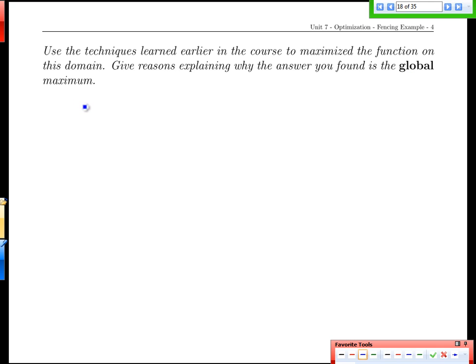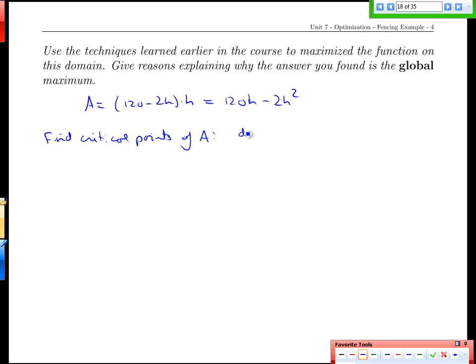All right. So our area is given by (120 minus 2H) times H, which I'm going to expand because we're going to differentiate in a second, and it's easier to differentiate it like this. And what we're going to look for are the critical points of the area. And for that, we're going to do A prime, or dA/dH, and that will be 120 minus 4H.